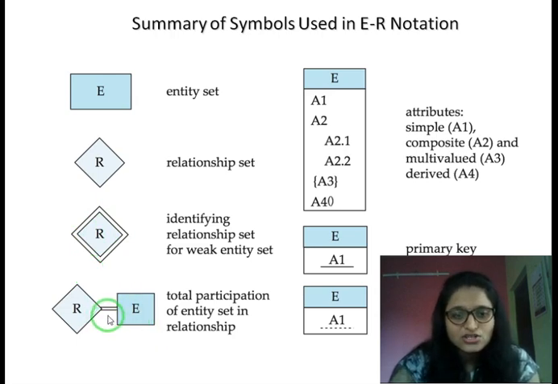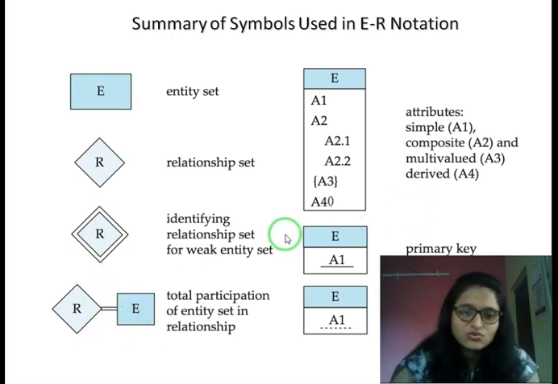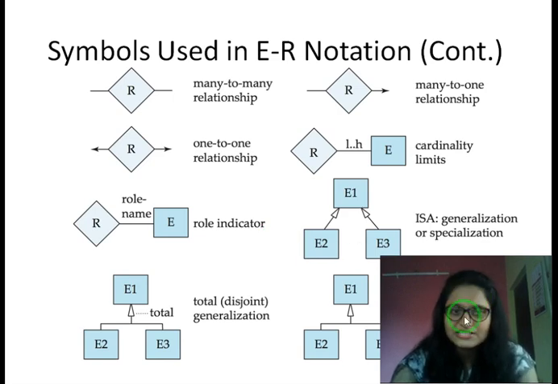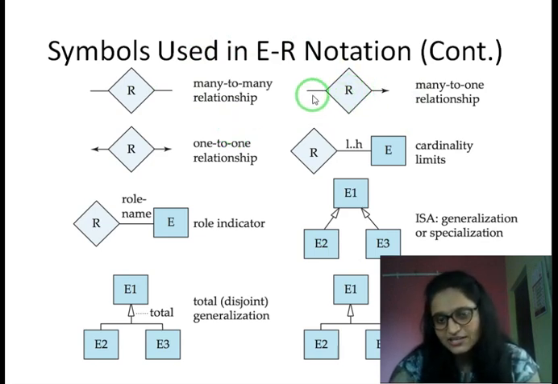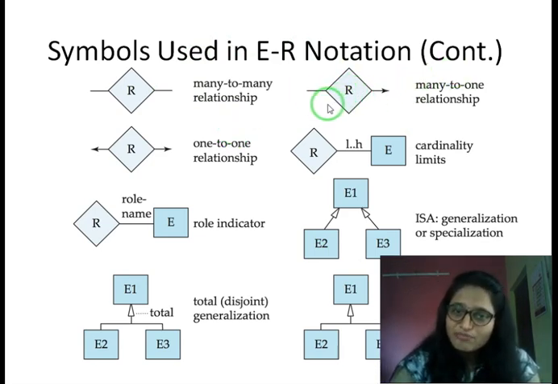This is total participation. Whenever there is no arrow, it means many to many relationship; one side arrow and one side no arrow means many to one relationship. Again, this is a one to one relationship.